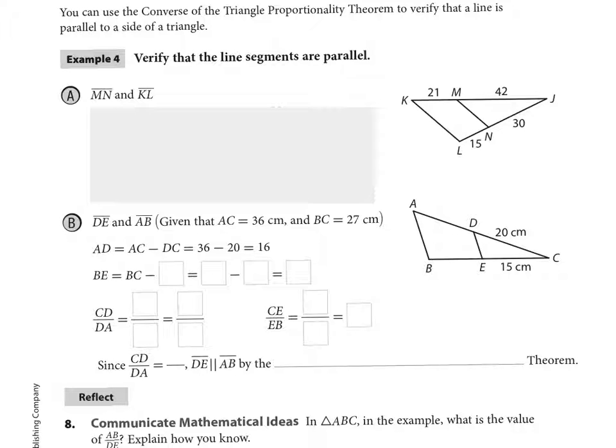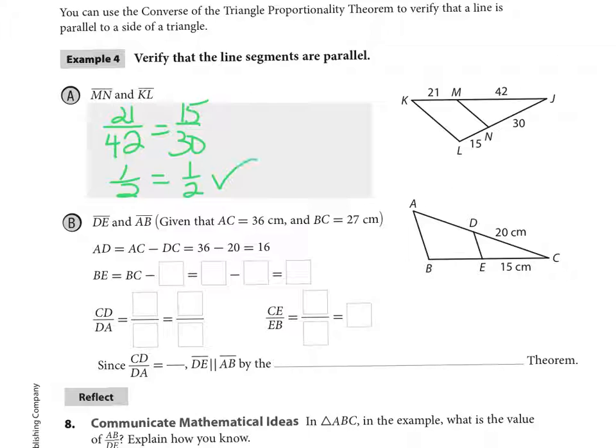So I am going to say that 21 over 42 equals 15 over 30, which is 1/2 equals 1/2. And so that is true. And so I know that KL and MN are parallel.